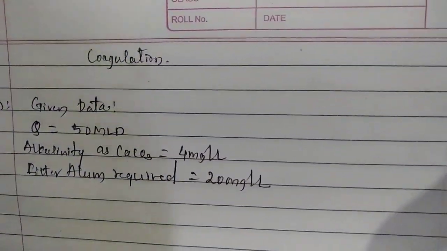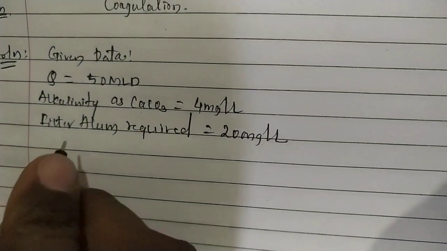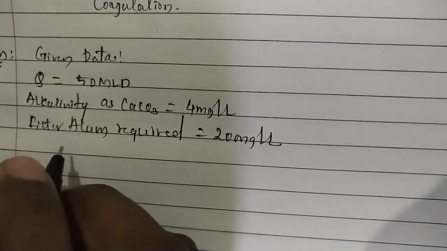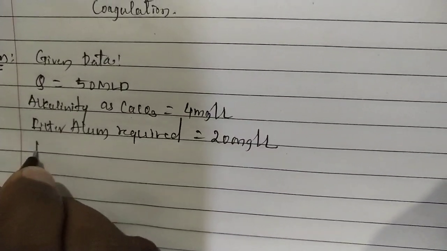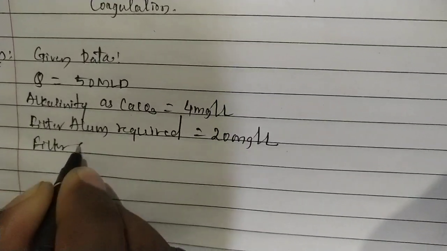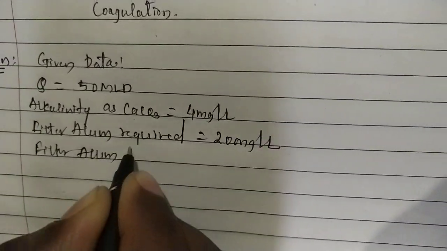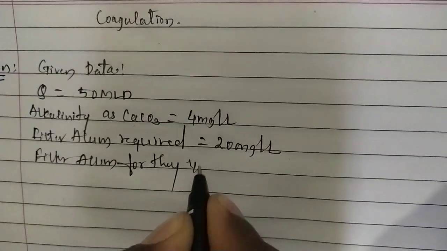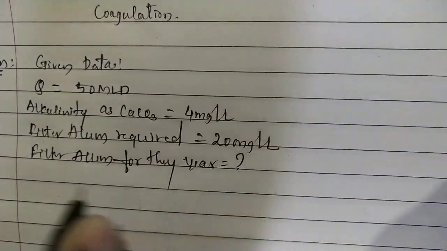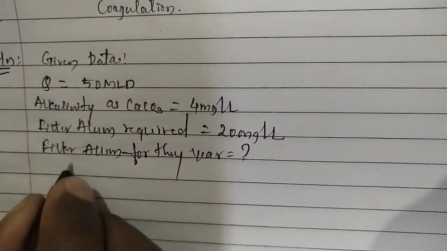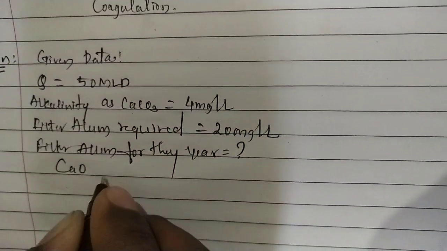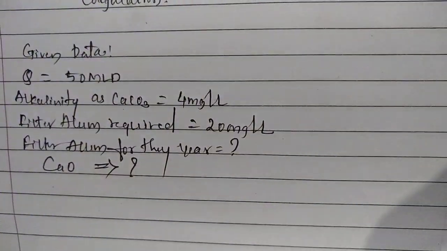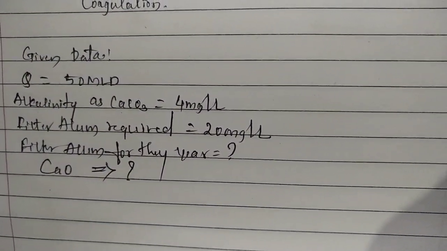These are the data given, and they ask us to determine the filter alum for the year, and quicklime, which is nothing but calcium oxide, for the year. So these are the two quantities they are asking.